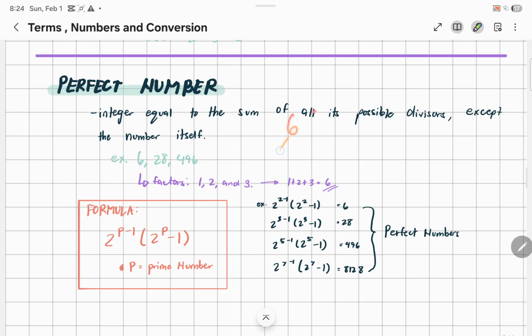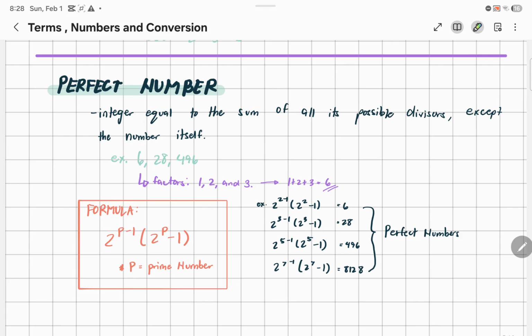The factors of 6 are 3 times 2 and 6 times 1. But take note that a perfect number is the sum of all its possible divisors except the number itself. If we add 1, 2, and 3, we will get 6. So that is a perfect number.